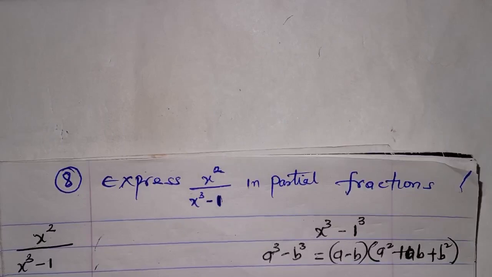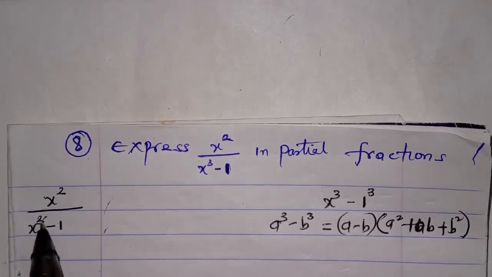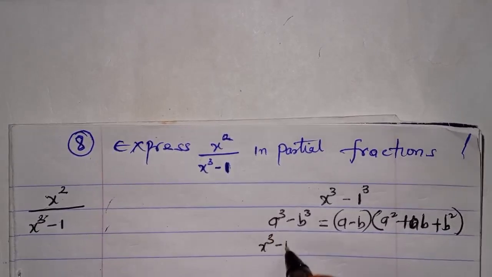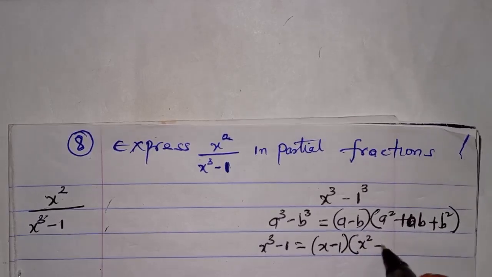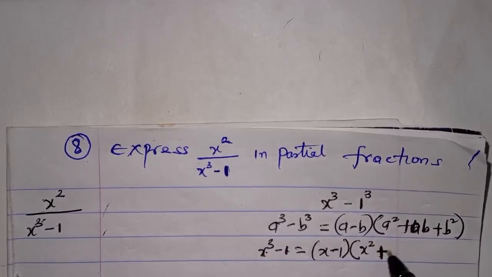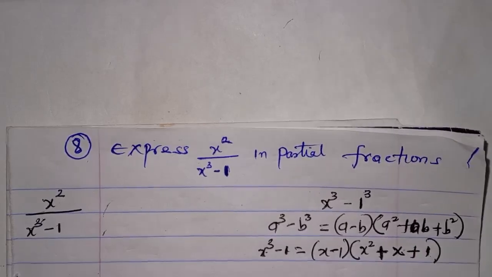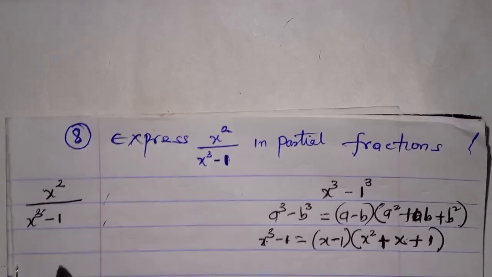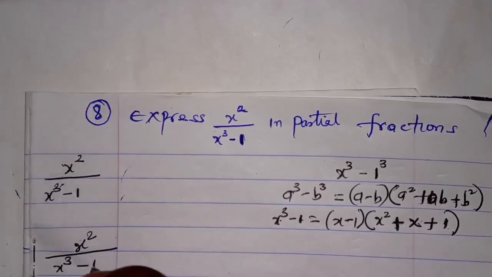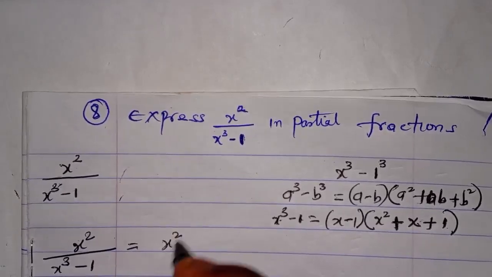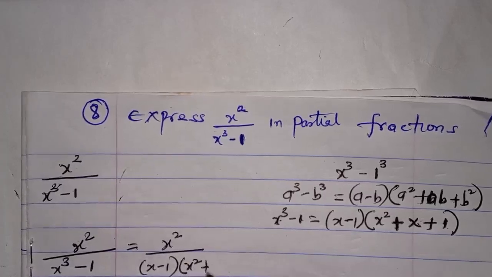That means that x cubed minus 1 is x minus 1 into x squared plus, it will now be x times 1, that's x, then plus 1 squared, which is 1. So x squared all over x cubed minus 1 is equal to x squared divided by x minus 1 into x squared plus x plus 1.